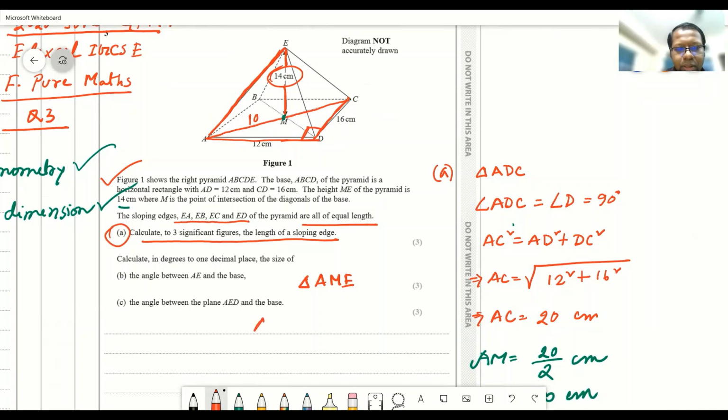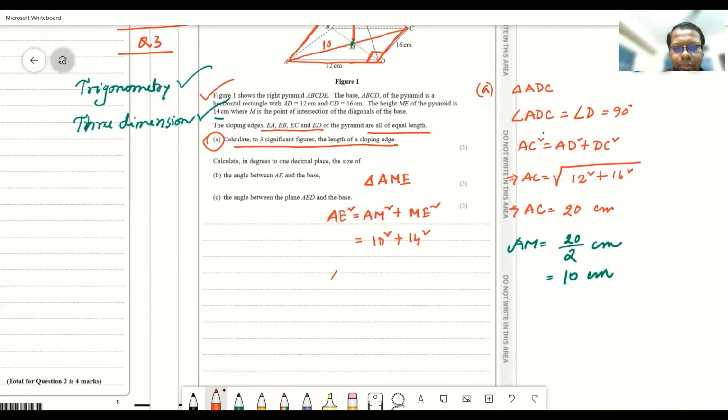So AE squared equals AM squared plus ME squared. The value of AM is 10, ME is 14. So AE will be root over 10 squared plus 14 squared.